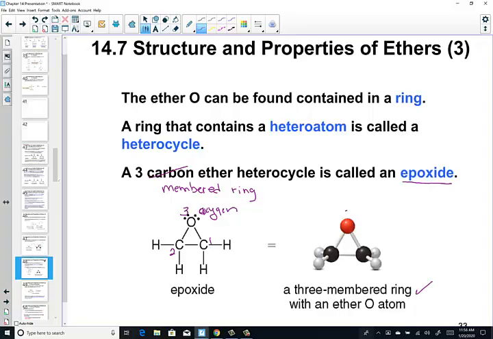And just think about that oxygen leading down to each different R group, but those R's are connected to one another, making it a cyclic structure. So an epoxide is an ether contained in a ring, and that ring is a three-membered ring, two carbons and one oxygen.